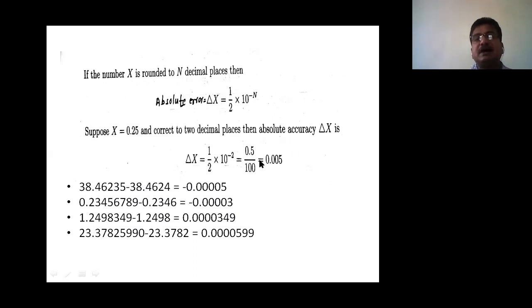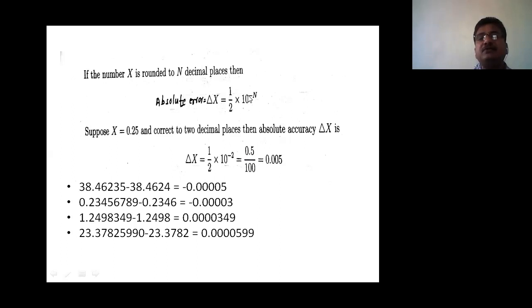So actually this is the upper limit of the error, or we can call it absolute error. So what is the absolute error? The number is rounded to n decimal places, and the upper error, or absolute error, that is denoted by delta x, is what? 1/2 10 raised to minus n.